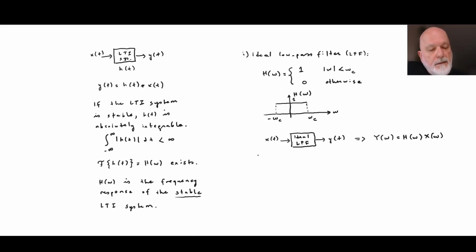Now, as an example, we can consider the well-known impulse train signal, the sum over m from minus infinity to plus infinity of delta of t minus m t0.